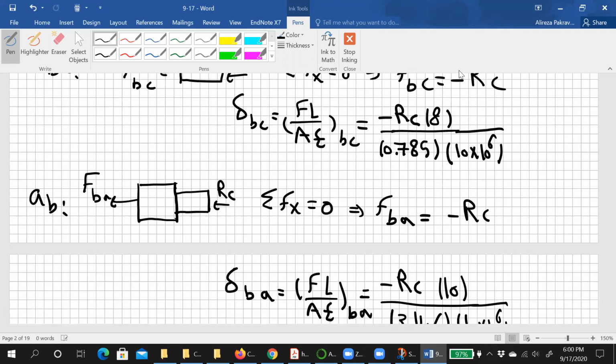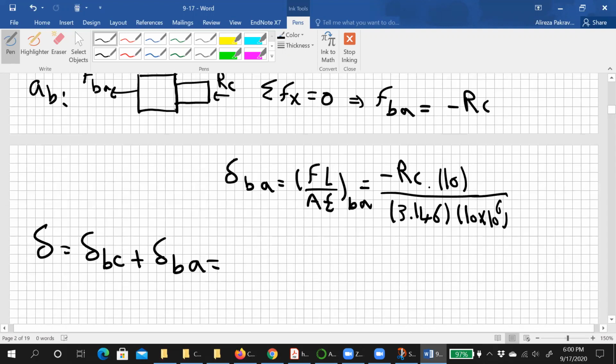Okay, guys, just add these two terms together, and then the answer I have, use your calculator. The answer I had for this one, right?